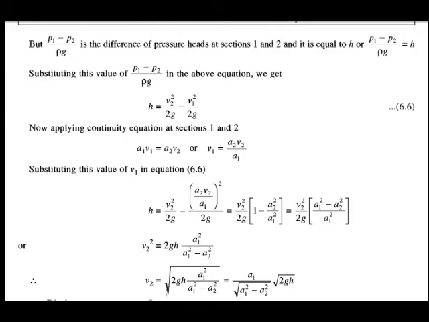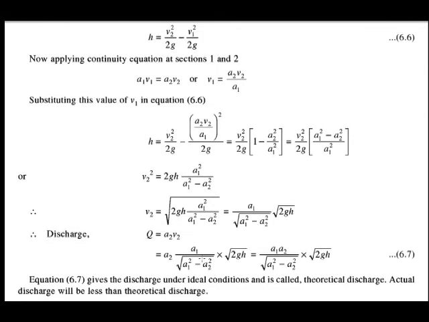Then from that we can write this equation as V2 square is equal to 2gh A1 square upon A1 square minus A2 square. Then V2 is equal to under root of 2gh A1 square upon A1 square minus A2 square.